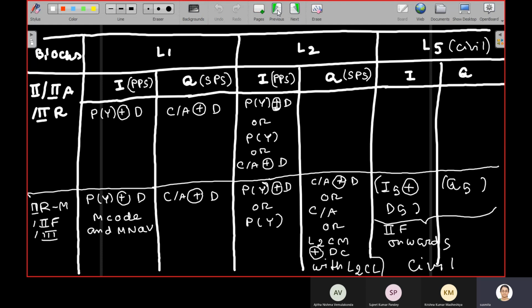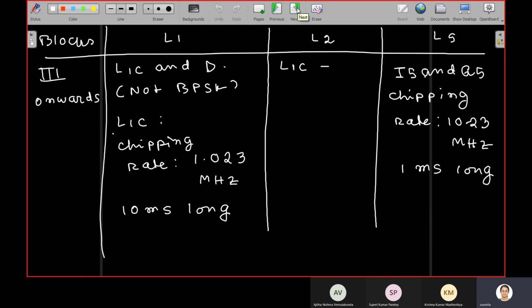We want either a higher chipping rate or a higher code length, and if possible, we want to increase both. For example, the P(Y) code is 1 week long and 10.23 megahertz is the chipping rate. So what is the rationale behind going for a higher chipping rate and higher code length?